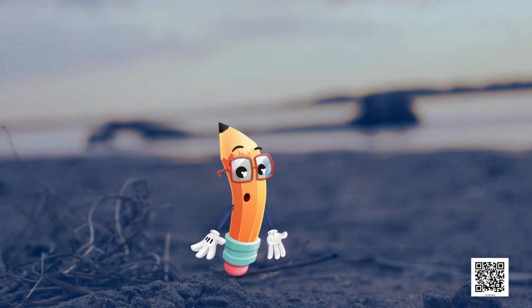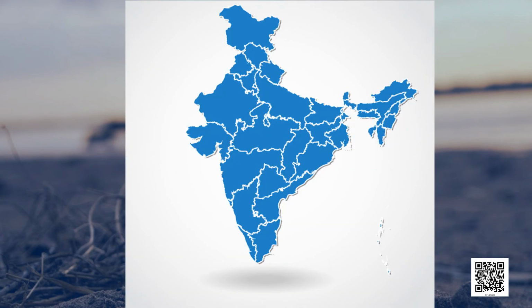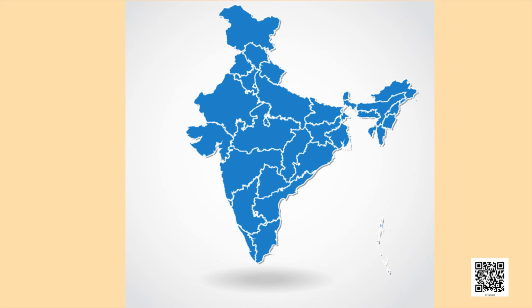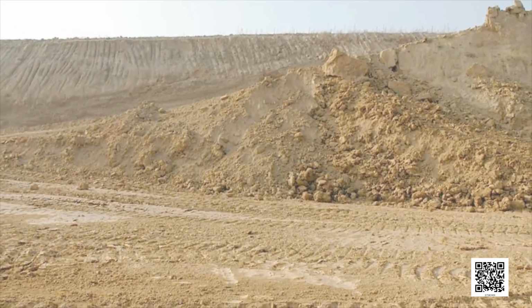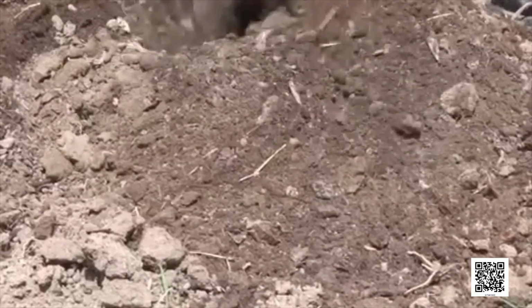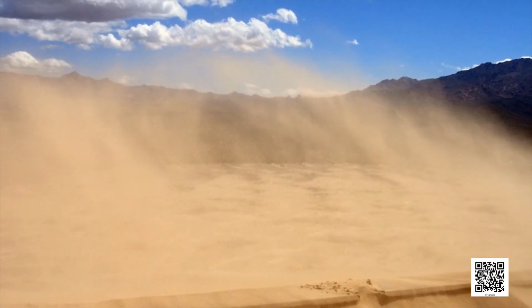Now, dear students, let us learn about soil and crops. Different types of soils are found in different parts of India. In some parts, there is clayey soil. In some parts, there is loamy soil, while in some other parts, there is sandy soil.